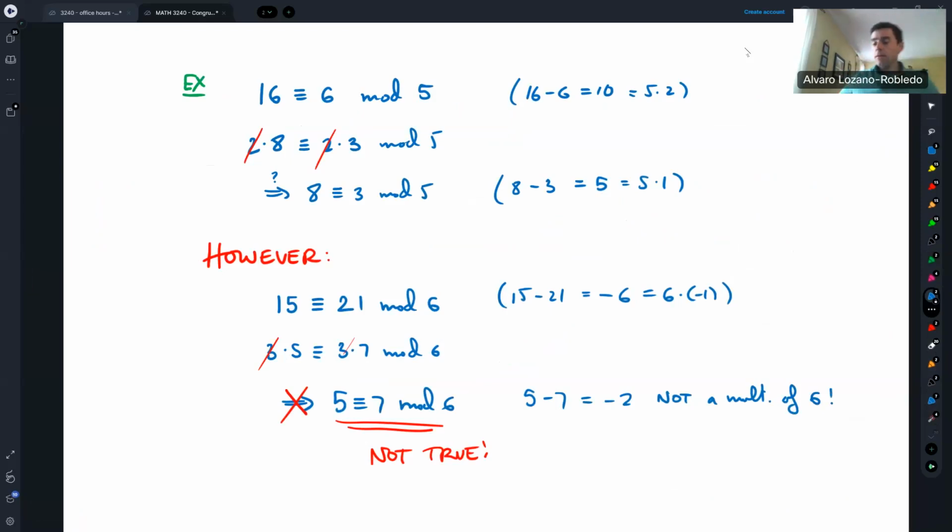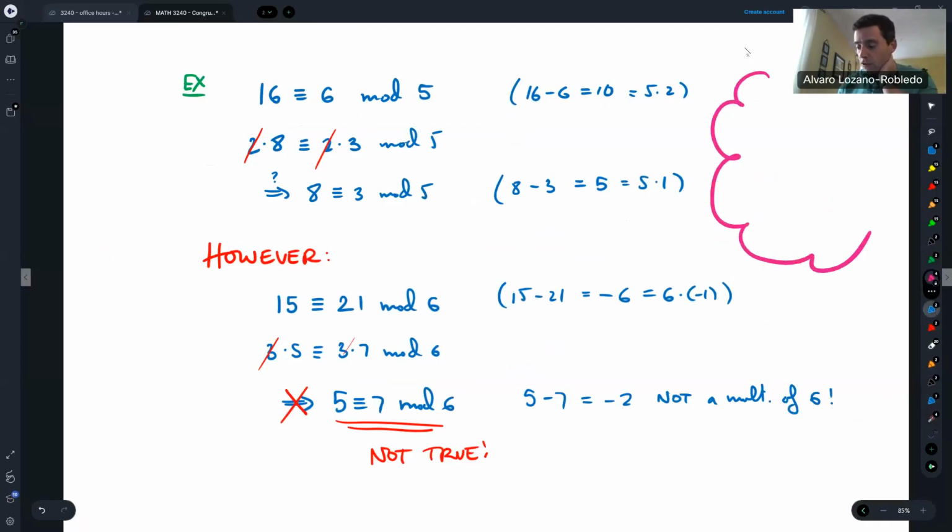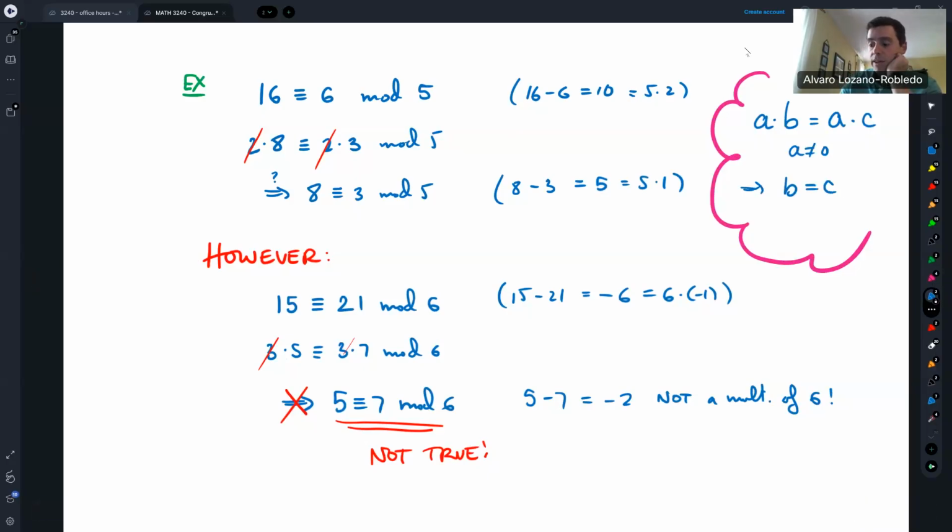So that's annoying, because in the integers, in the dreamland of the integers, we do have that property. If A times B is equal to A times C, and A is not 0, then B is equal to C. Within the integers, there is cancellation.